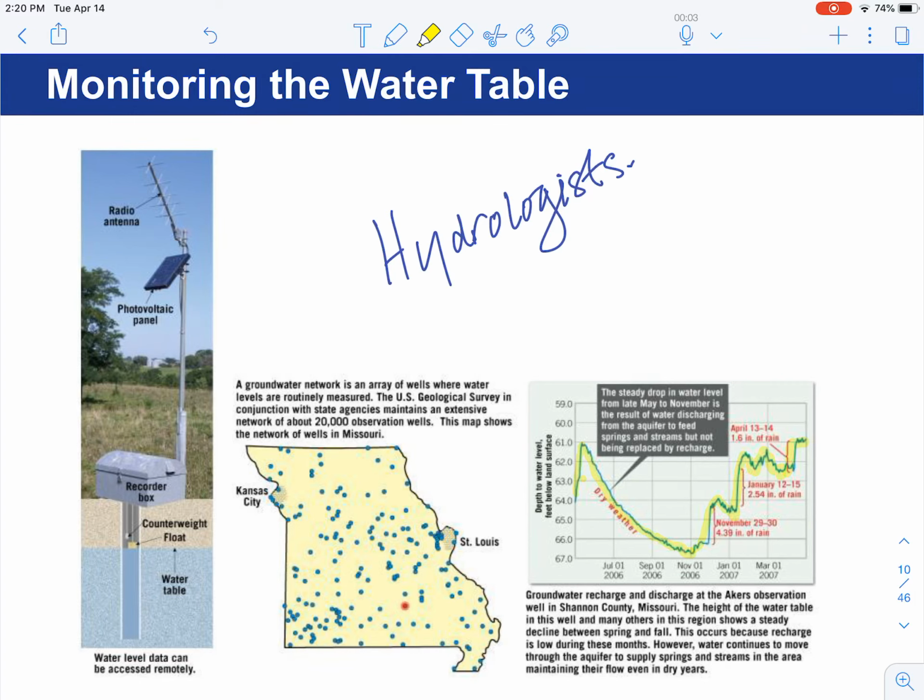And so as we use the water and pump it up and out of these wells, we're extracting it, but the normal recharge through precipitation is not replenishing the water table. So the water table is going to drop over time.